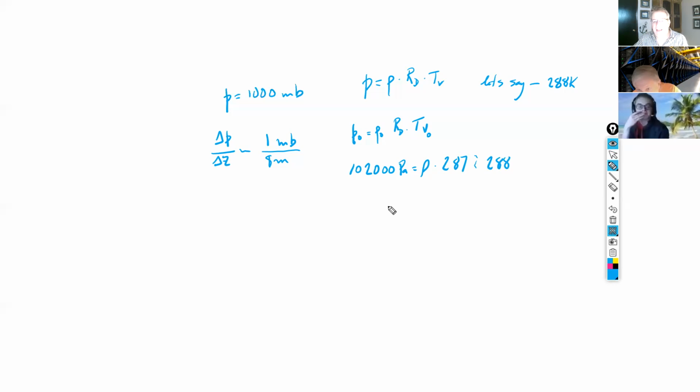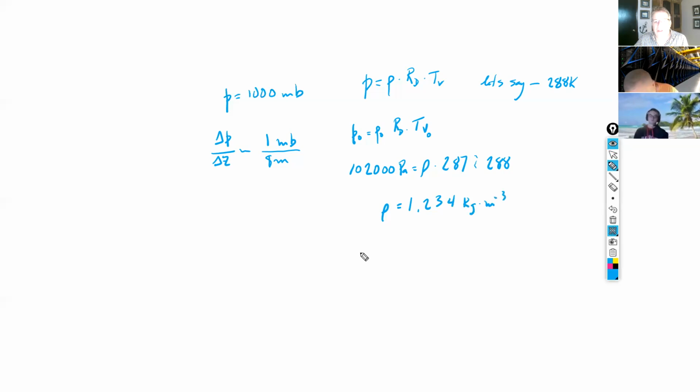Go ahead and what do you get for the density? You want to just do that real quick? 1.234 kilograms per meter cubed.